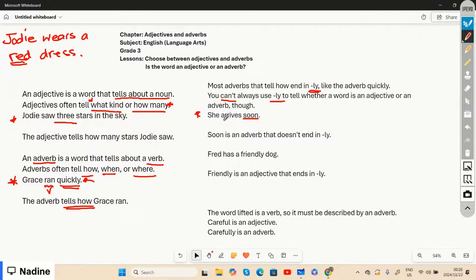And sometimes adding an ly to a word doesn't necessarily mean it is an adverb. Sometimes it can also be an adjective. So you need to be able to know if we are describing a verb or a noun. For example, it says Fred has a friendly dog.